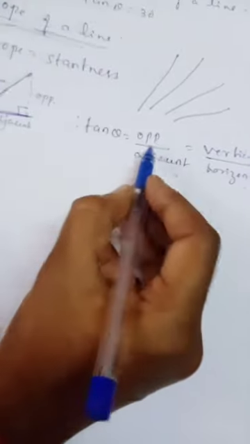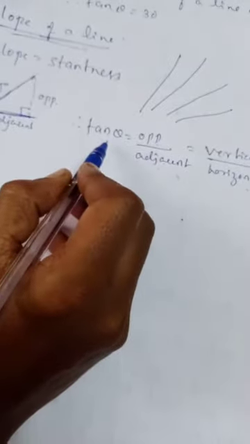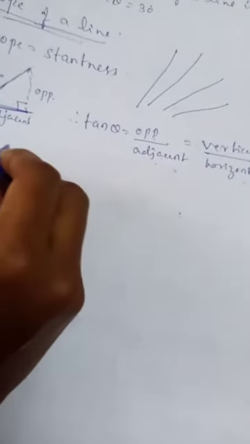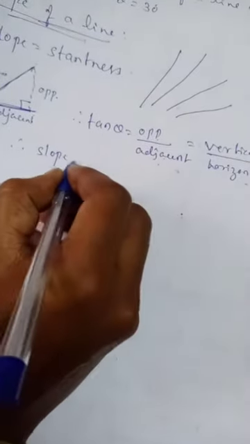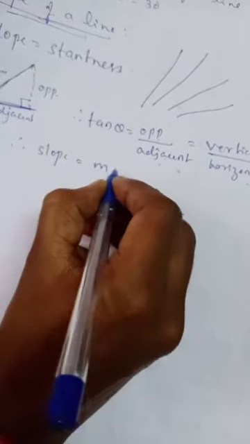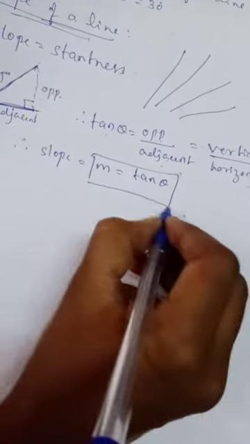Therefore, we can write slope, denoted by m, is nothing but tan theta.